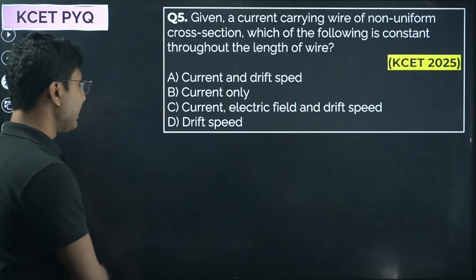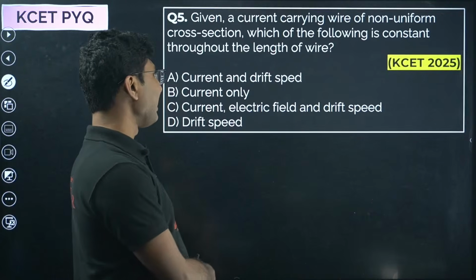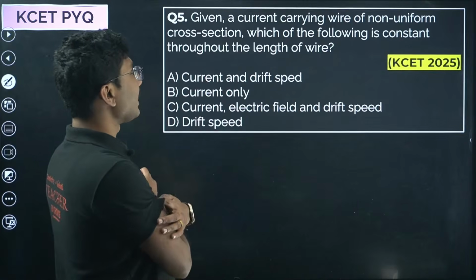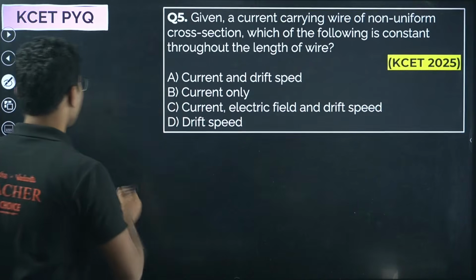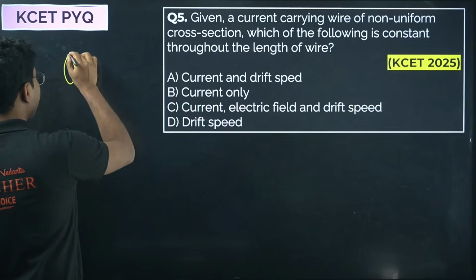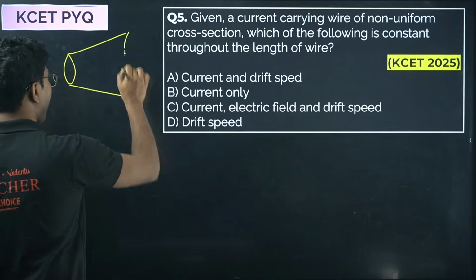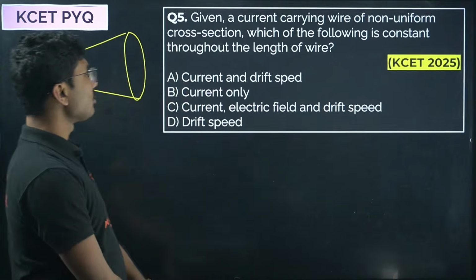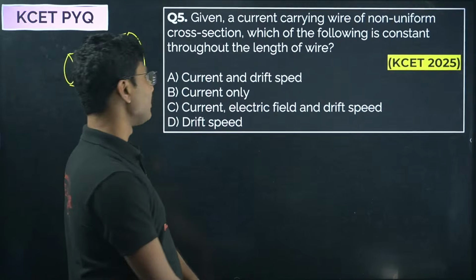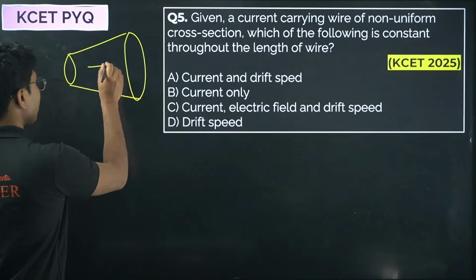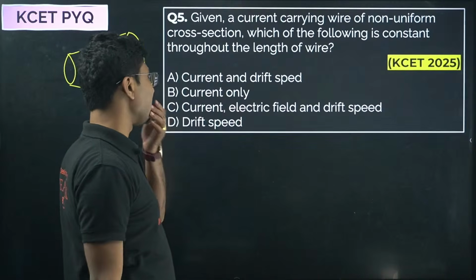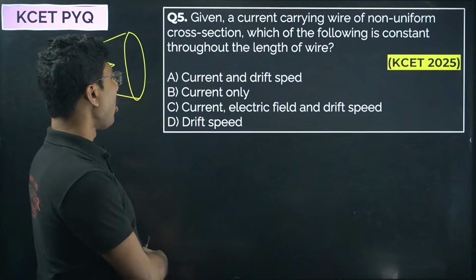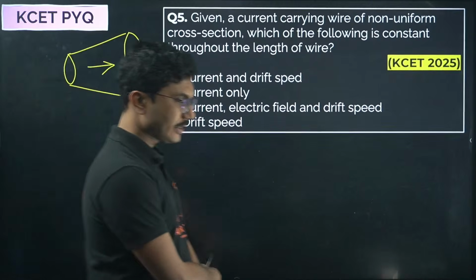Current and drift speed, current only, current, electric field, and drift speed, or only drift speed? Answer this question.